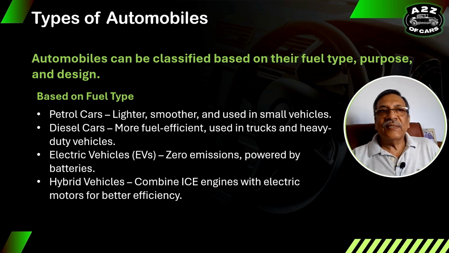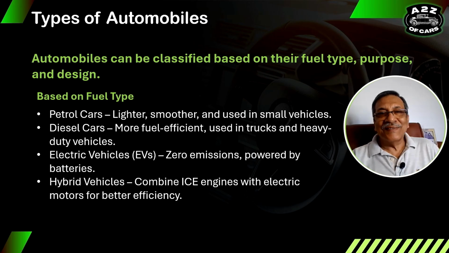Types of automobiles. Automobiles can be classified based on their fuel type, purpose, and design. If we talk about fuel type, we have petrol cars. Petrol cars are lighter, smoother, and generally used in small vehicles. They make less noise also. Diesel cars are more fuel efficient, used in trucks and heavy duty vehicles.